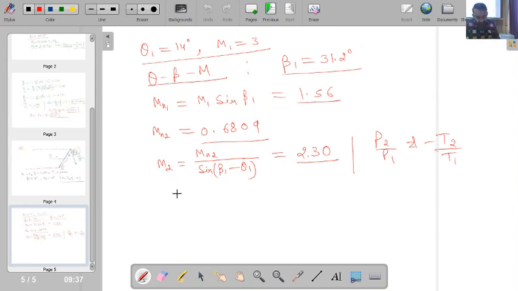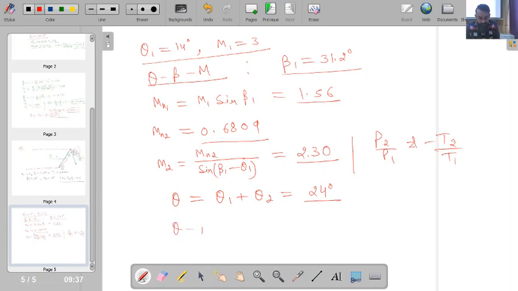Okay, so in this situation the value of theta for total deflection for the second case is equal to theta 1 plus theta 2, which is equal to 24 degrees. Okay, so the angle is 24 degrees, and M is 2.30.